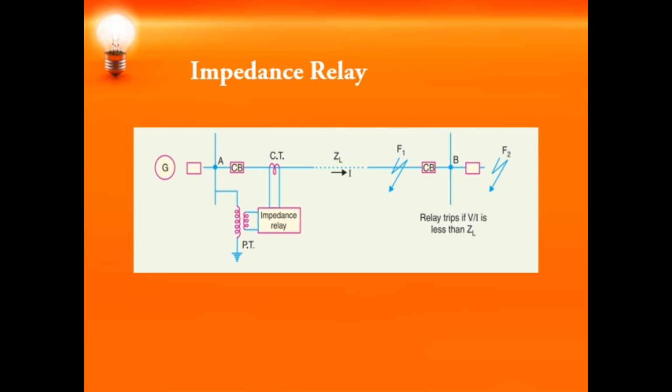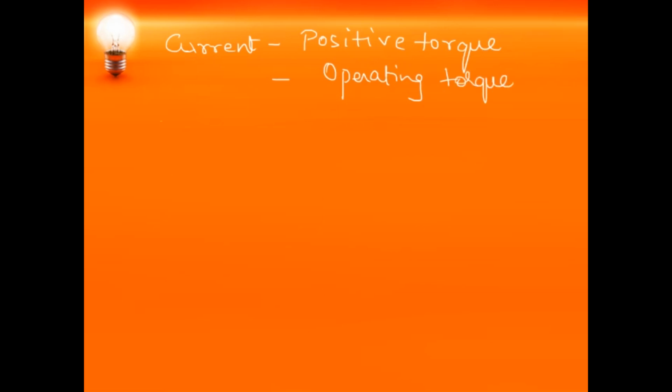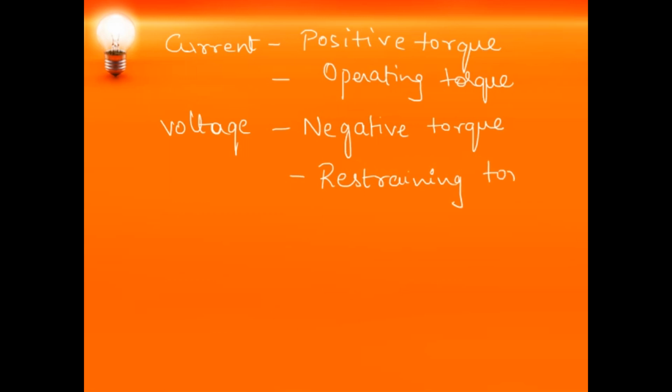The current produces a positive torque, which we call the operating torque, whereas the voltage produces a negative torque, and this negative torque is called the restraining torque.